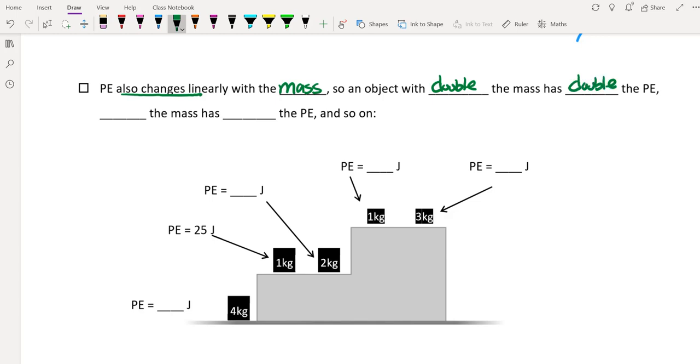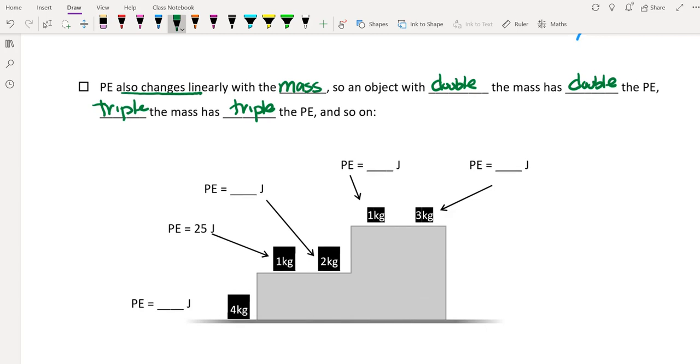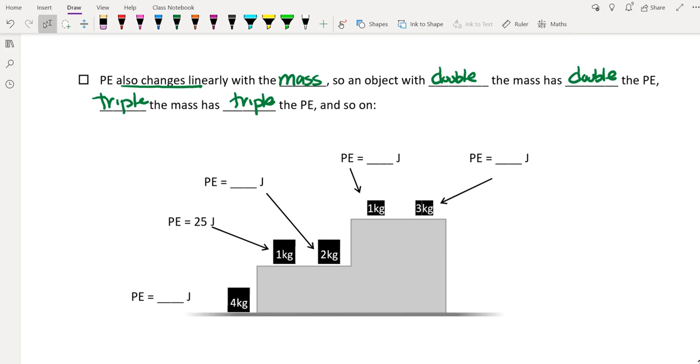If you have triple the mass, it's going to have triple the potential energy. All right, so let's look at a similar scenario again and see what effect mass has on potential energy.